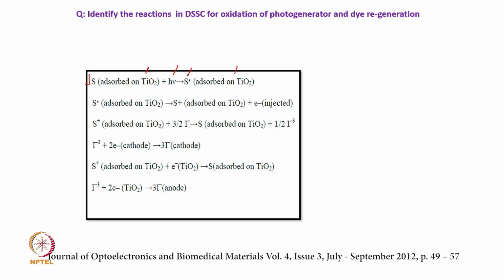So, this is the first reaction. This is the photo excitation reaction, or photo generation reaction, where the dye goes to the excited state.